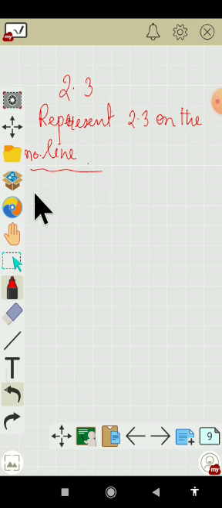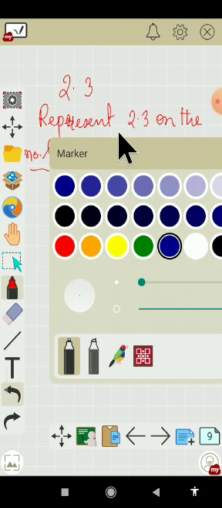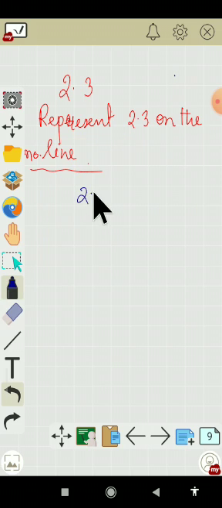First we have to check: the number is 2.3, which is bigger than 2 but less than 3. So that means this number will lie between 2 and 3 on the number line.